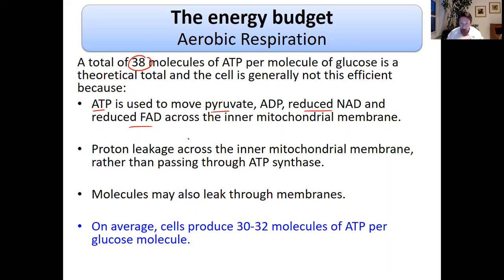So there is an energetic cost to getting it into the mitochondria. Some hydrogen ions will also leak across down their concentration gradient back into the matrix without going through ATP synthase. So there'll be a loss there. So on average, there are about 30 to 32 molecules of ATP produced per glucose.